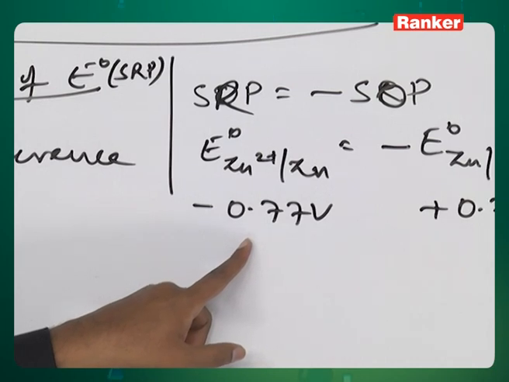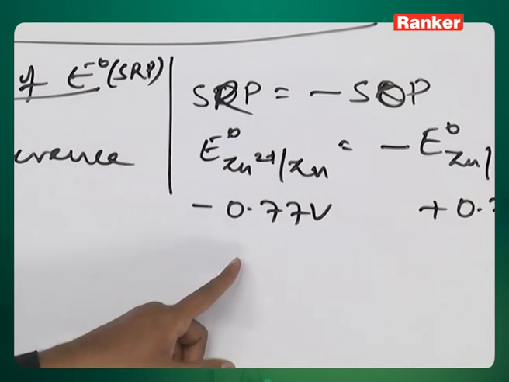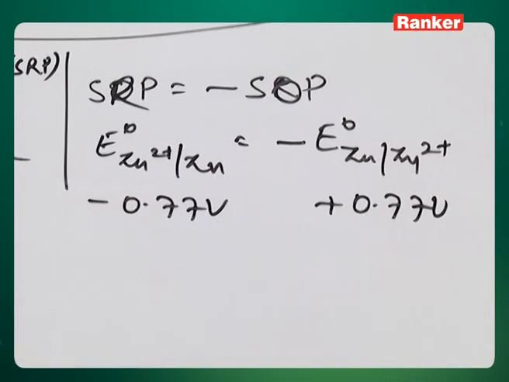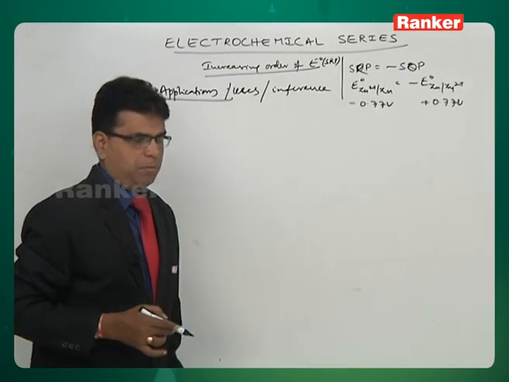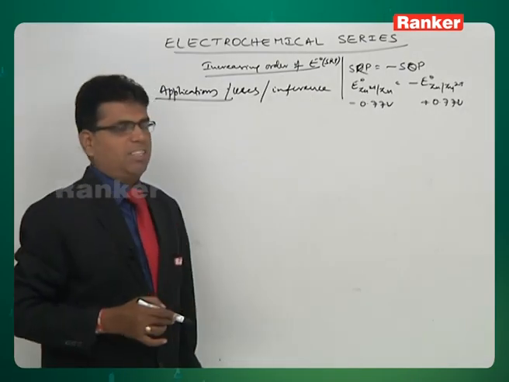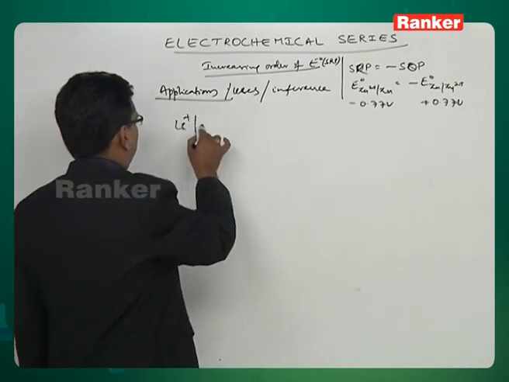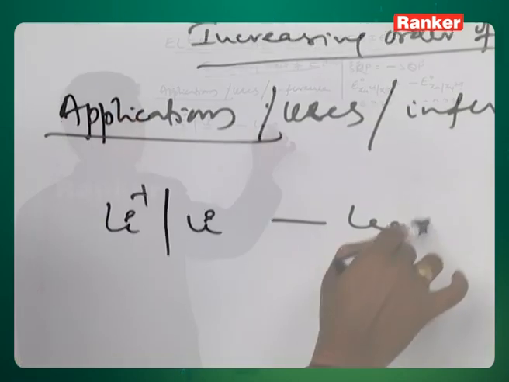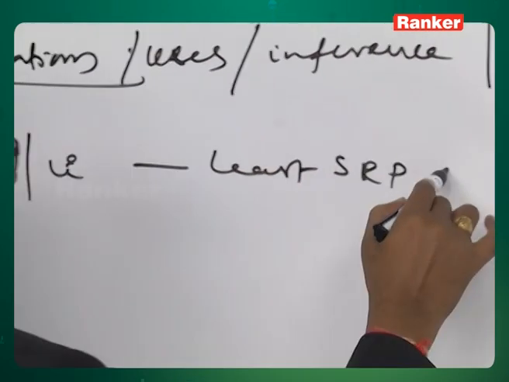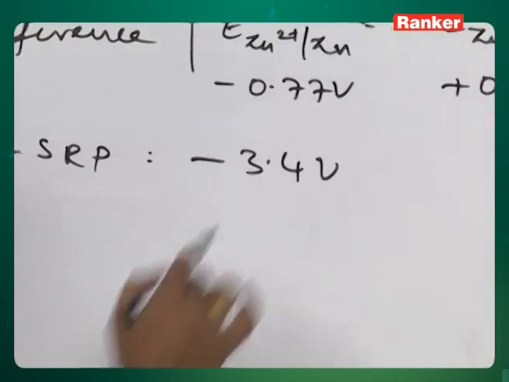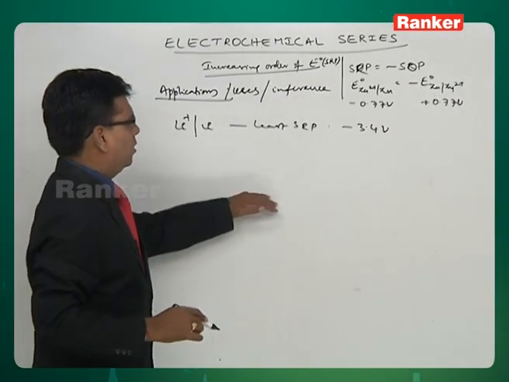For hydrogen it is 0, and this is less than 0. As we said earlier, the elements are arranged in increasing order of SRP values. Lithium is the one with the least SRP, that is minus 3.4 volts, followed by other elements.